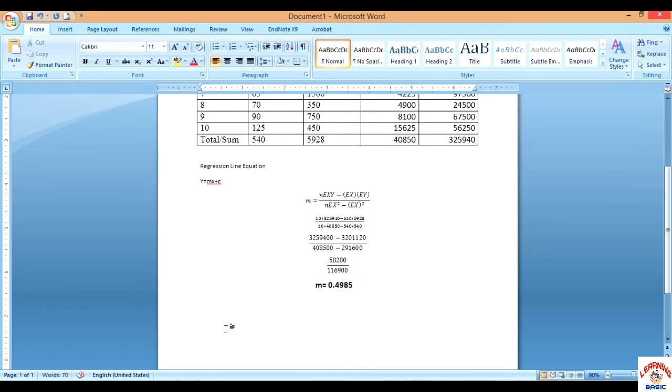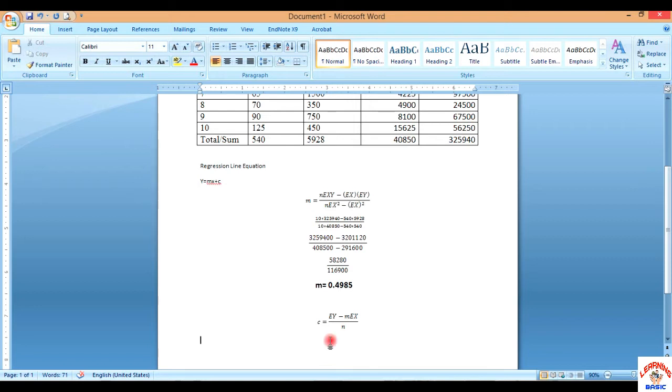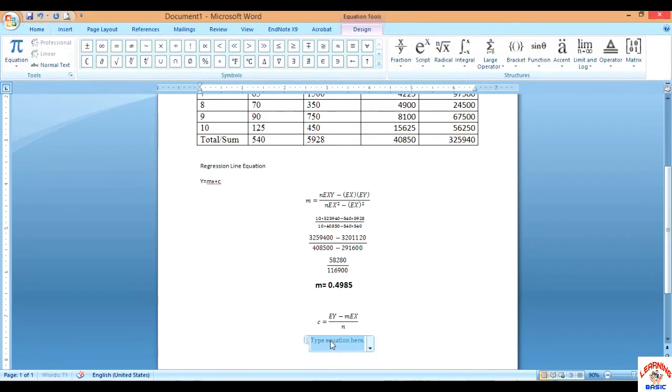So now we have the next function, c. Let us calculate the value of c. So c equals summation y minus m summation x, divided by n. Let us put the values here again.